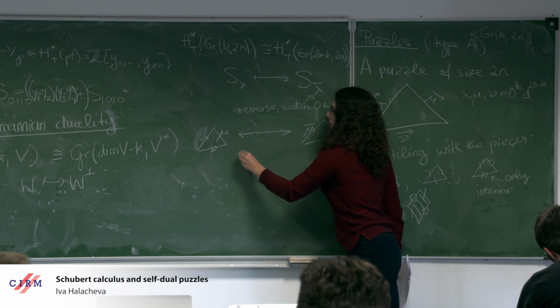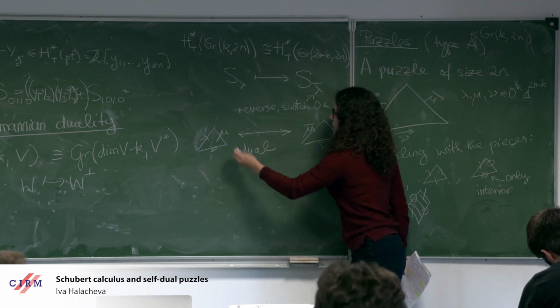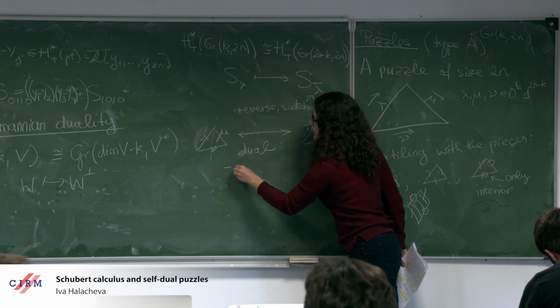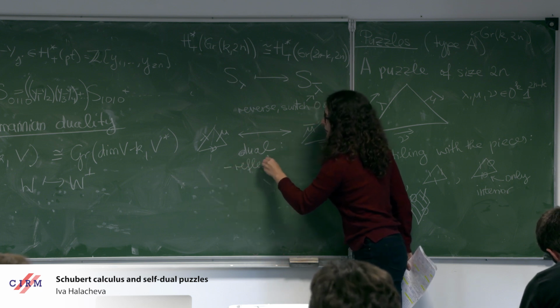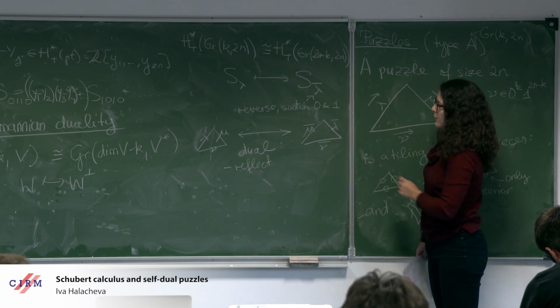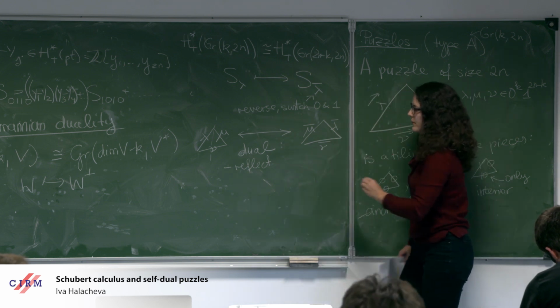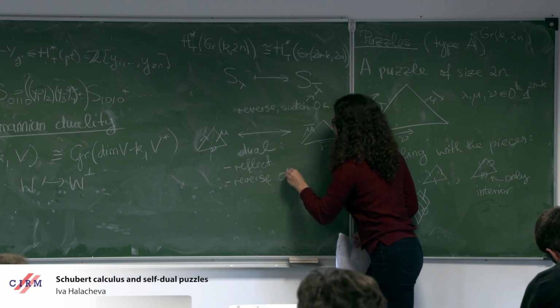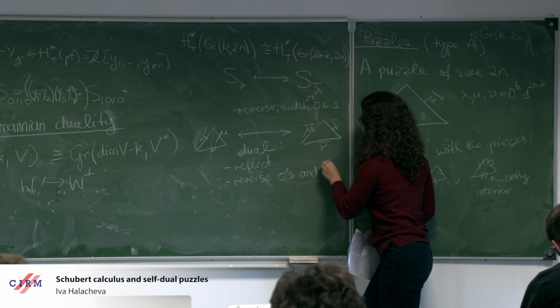So taking the dual of this puzzle just meant reflect, and reverse all the strings. So reverse zeros and ones in the interior as well.